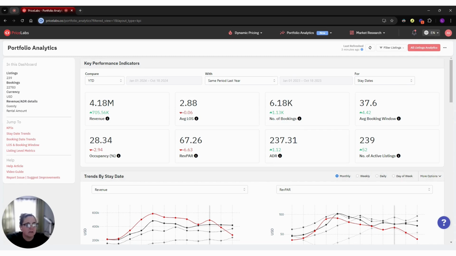What that can tell you is, hey, maybe it's just the market, and that's what I have to pay attention to. Or it could mean that maybe you have to re-strategize your pricing. If the market's data isn't in line with what your data is showing, it could mean that there's room to grow or room to improve.